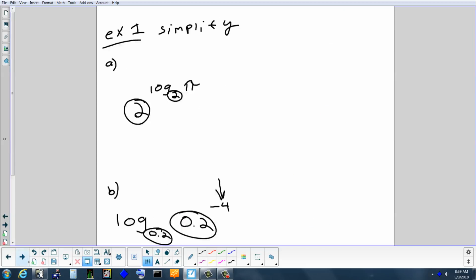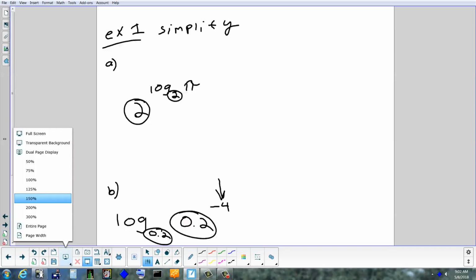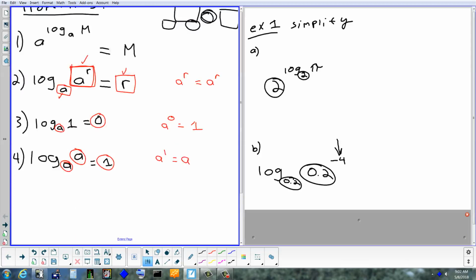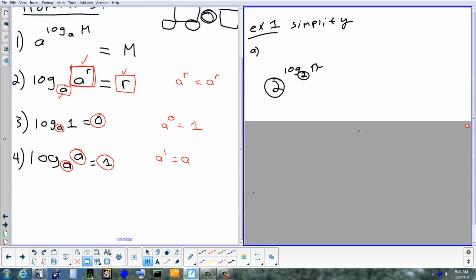All right, so let's take a look at a few examples. Let me put both on the screen at the same time, the best I can. Let's look at example A. Which rule does that one look like it would fit into? 1, 2, 3, or 4? Chris? 1.